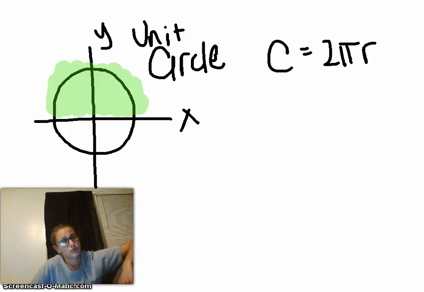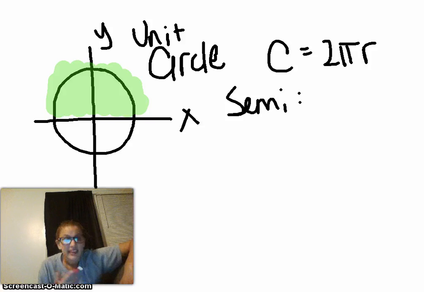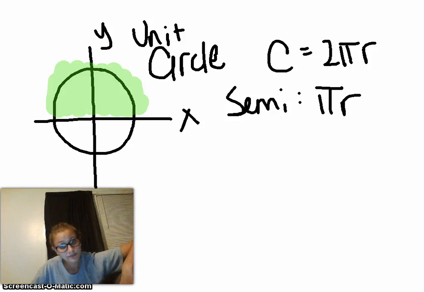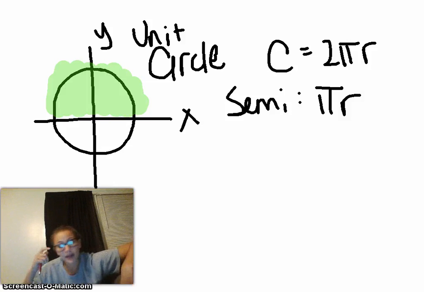That's if I'm looking at the whole circle. But if I just look at that half circle, the semicircle, that's half of the circumference. So if I divide that by 2, I get pi r. So the length of the arc of my semicircle is equal to pi r.